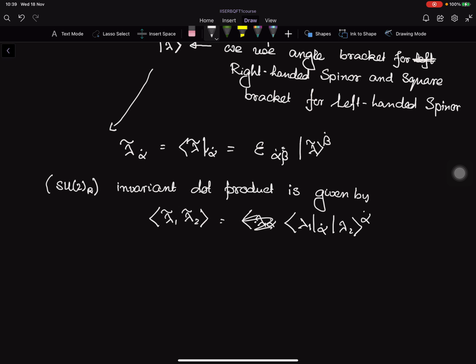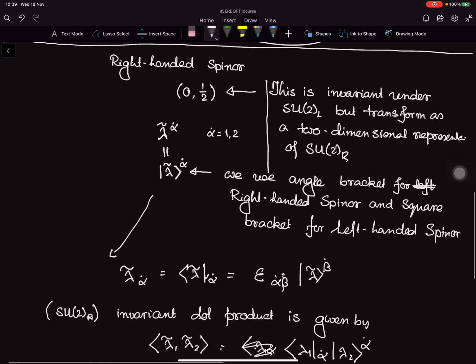So this is the invariant dot product that we defined for SU2 right. And as we said, these are the two components.